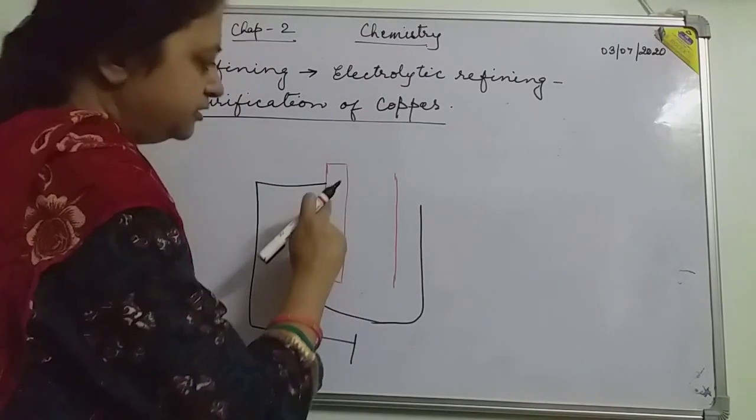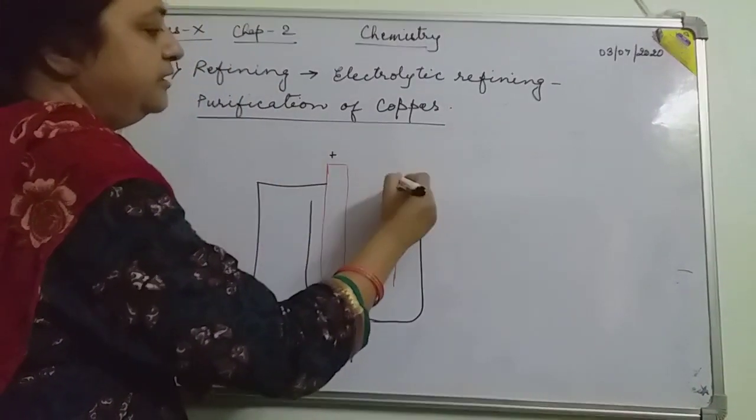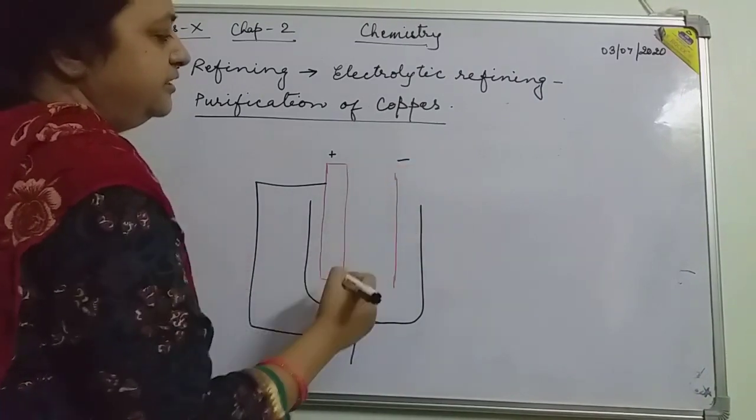The thick copper rod you must place at the anode, the positive terminal, and the thin copper rod is the negative terminal.